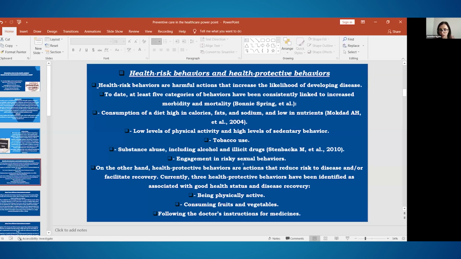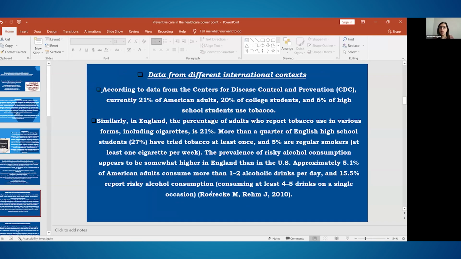On the other hand, health protective behaviors are actions that reduce the risk of disease and facilitate recovery. To be associated with good health status and disease recovery, it's important to be physically active, consume fruits and vegetables, and follow the doctor's instructions for the medicines, especially for people that have chronic disease.